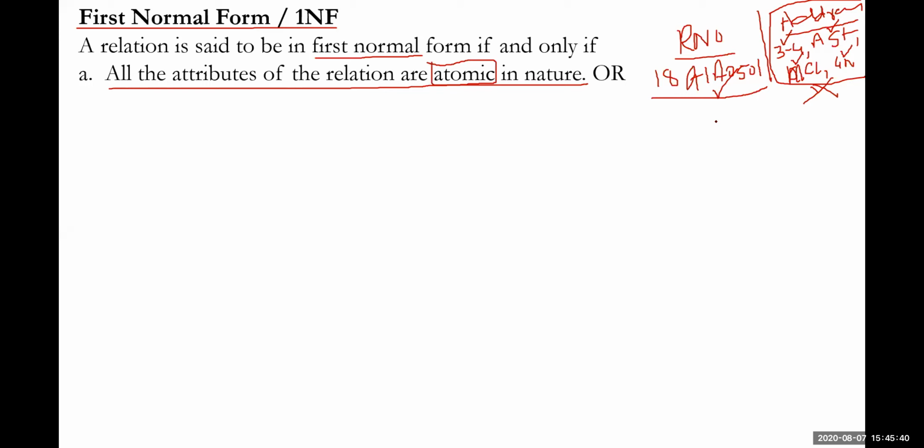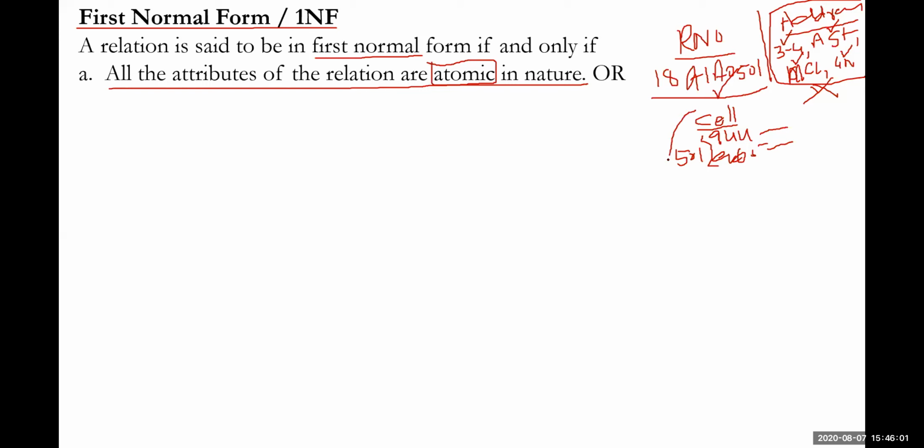Let me consider cell number, or phone number. People might have more than one cell number, 944 something, 965 something. All these belong to only one particular person, 501.